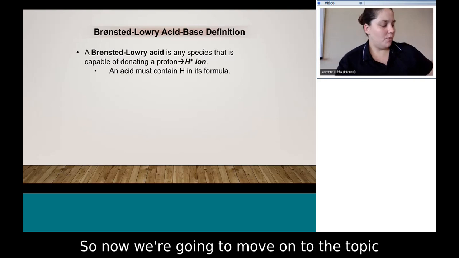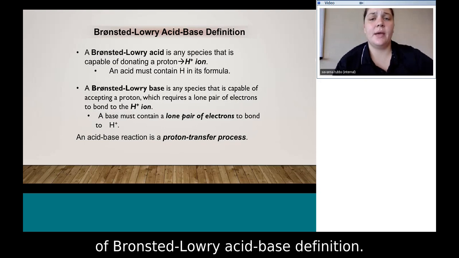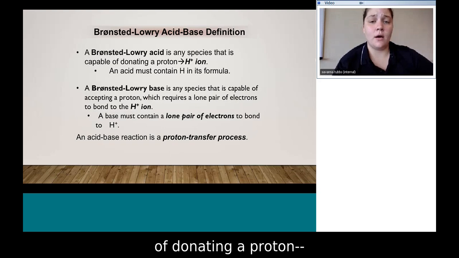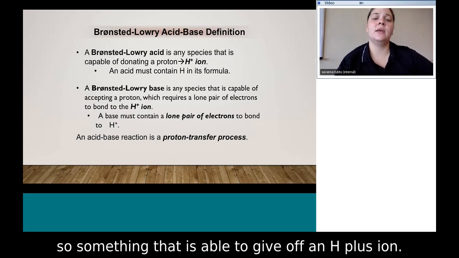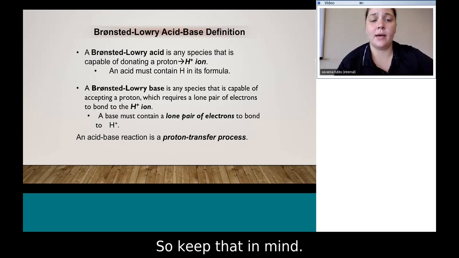So now we're going to move on to the topic of Bronsted-Lowry acid-base definitions. A Bronsted-Lowry acid is any species that is capable of donating a proton, so something that is able to give off an H+ ion. An acid must contain an H in its formula, so keep that in mind.